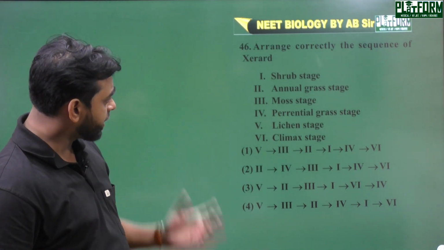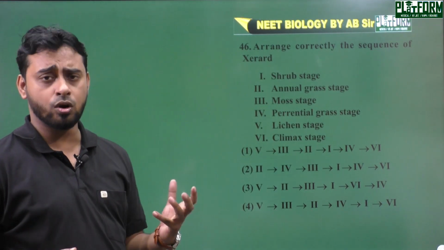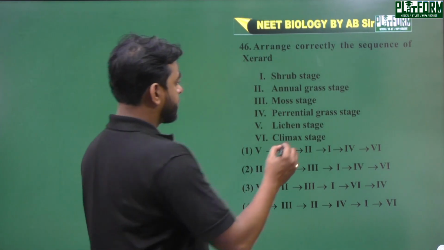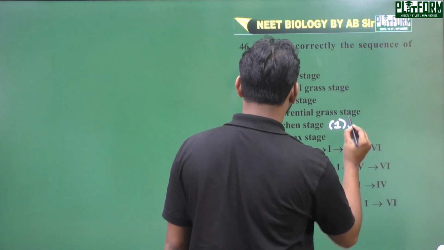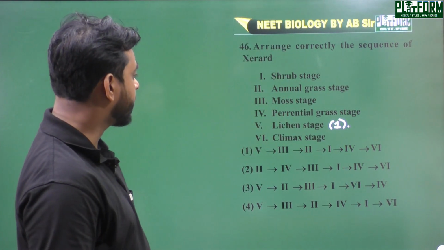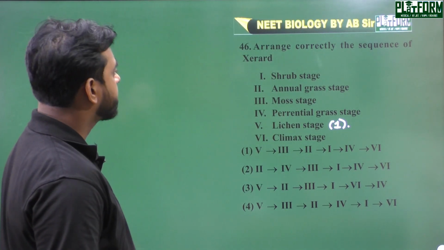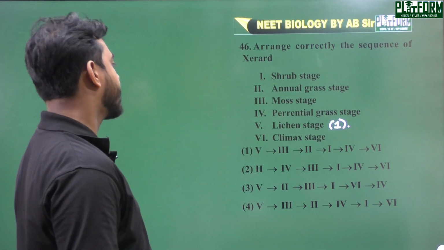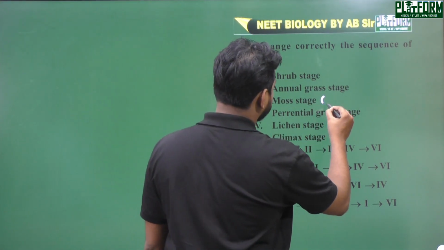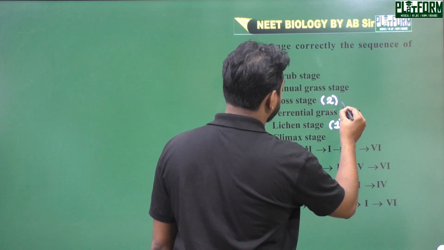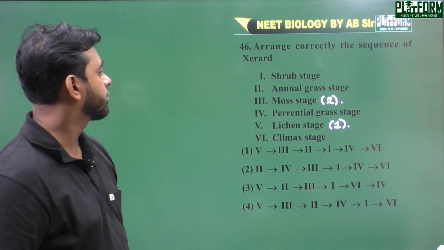So, the first pioneer colonizer in a barren land is a lichen, that is one. Next, it is followed by some small bryophytes, that means mosses.